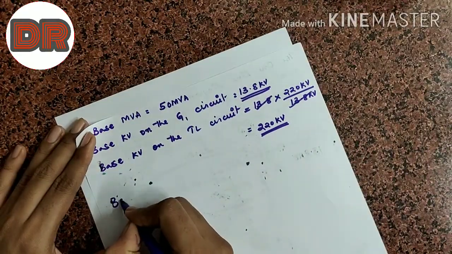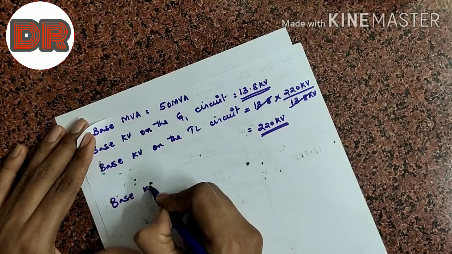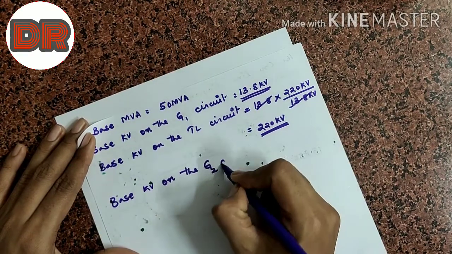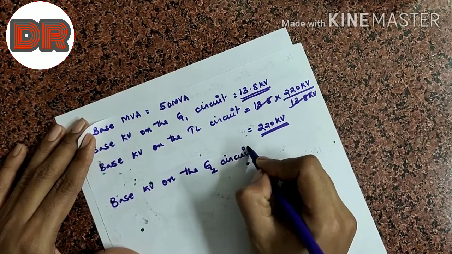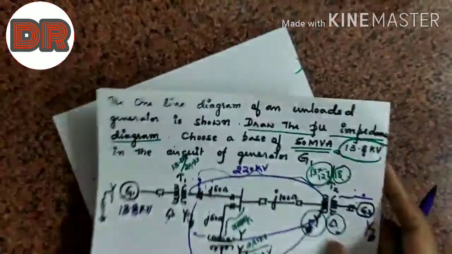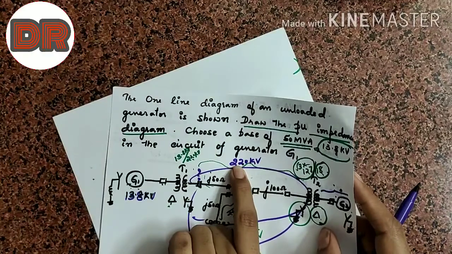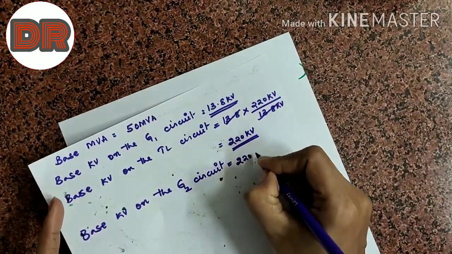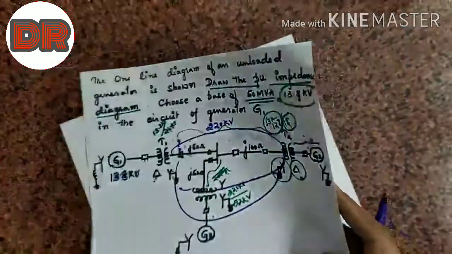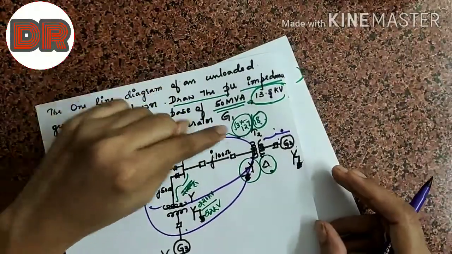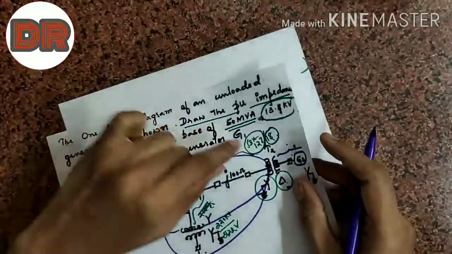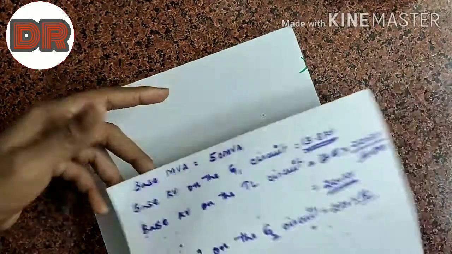So base kV on the G2 circuit will be equal to the HV side base voltage, 220 kV, into the LV rating of this transformer, 18, divided by the HV rating, which is root 3 into 127.